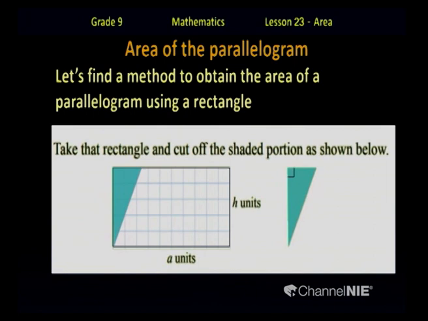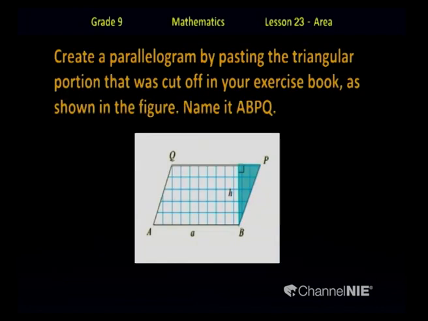Then take the cut portion and fix it at the other side of the rectangle. How can you do it? Look at this diagram. Now the separated triangle is pasted to the other side. Now what is it? We used a rectangle, but finally we obtained a parallelogram.